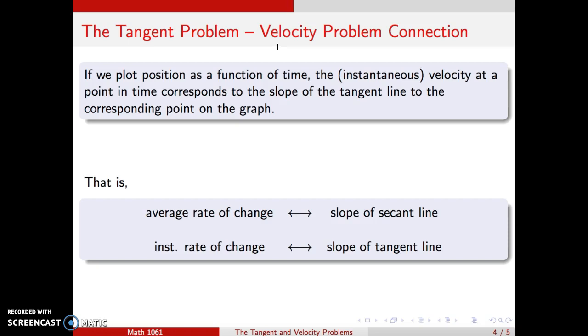Or I don't know, there's a million things, and we'll look at them with different examples. But the example we have here, a real-world example, is for velocity. This idea is true no matter what it is we're talking about. The rate of change of a quantity corresponds to the slope of the secant line if you have a function that describes that quantity, and then the instantaneous rate of change with the tangent line.